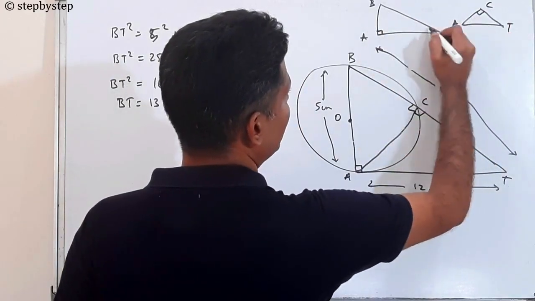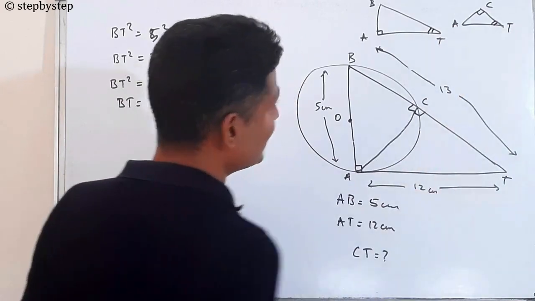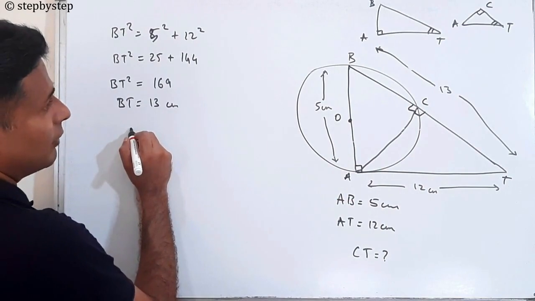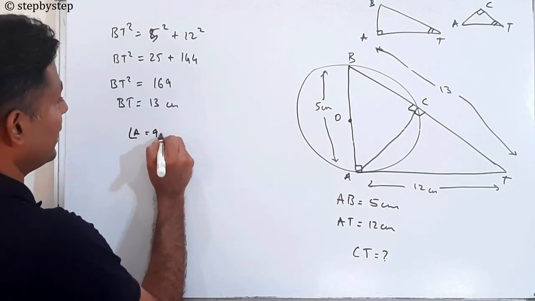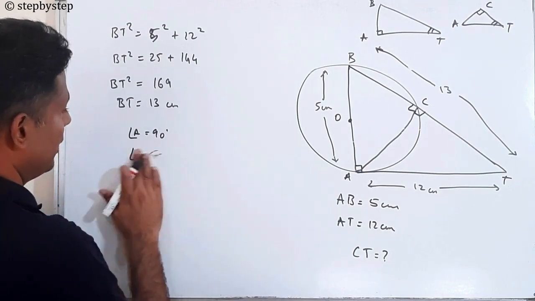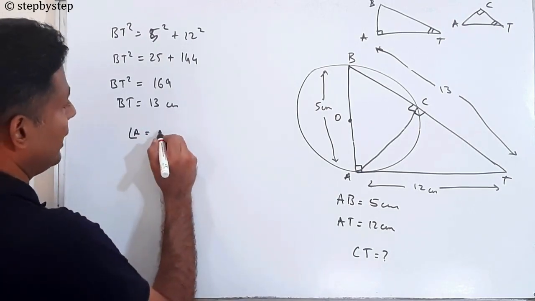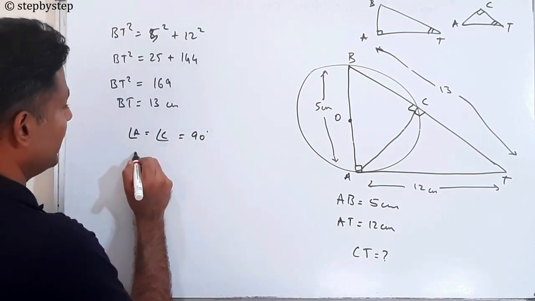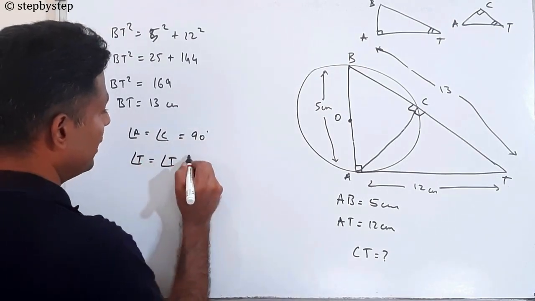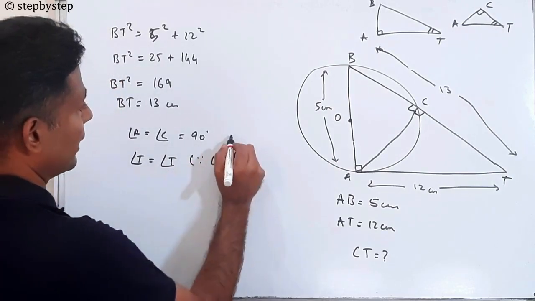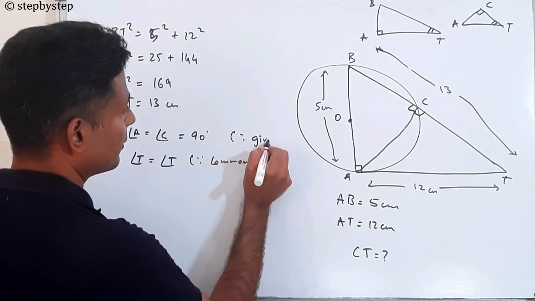We know this angle is 90 degree, and this angle is common, which means by double A similarity we'll write angle A equal to angle C equal to 90 degree. The second thing is angle T equal to angle T because common, right? And this is given.